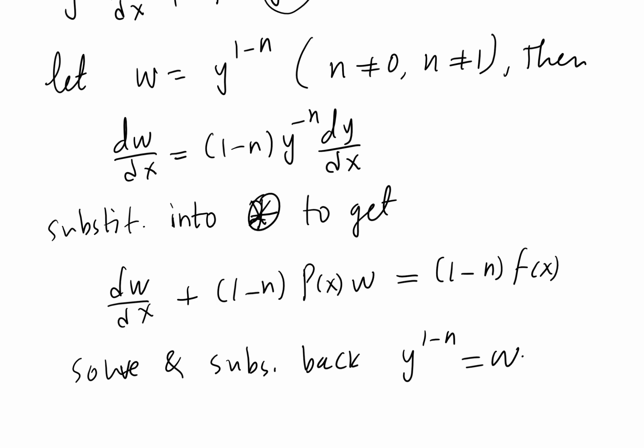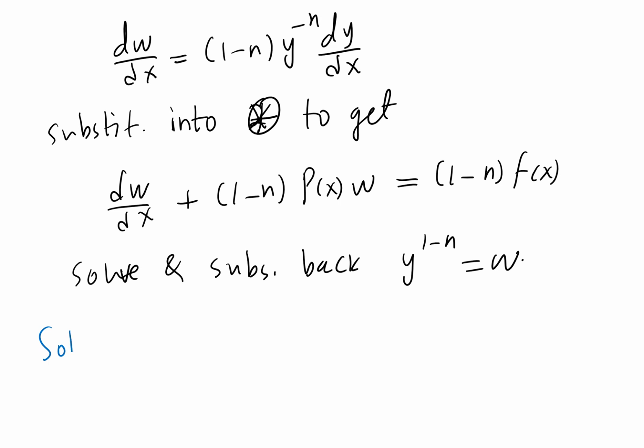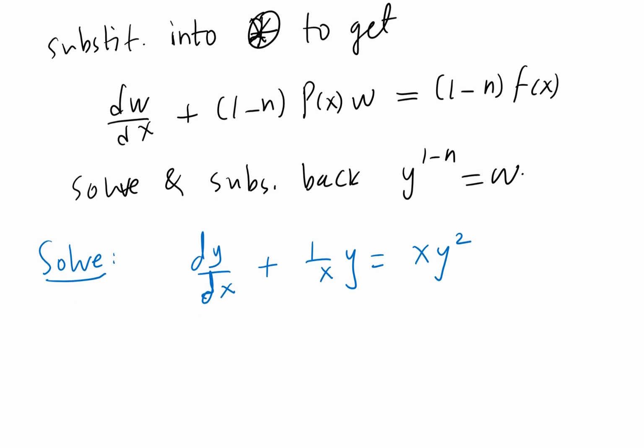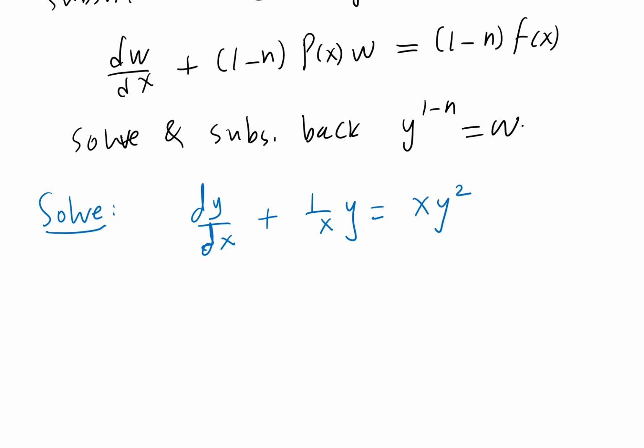I'm going to take this example: dy/dx plus 1 over x y equals x y squared. A lot of books use the same example. So now notice, how do I know this is a Bernoulli? This is not linear. If this term here was not there, then that would look like a linear.